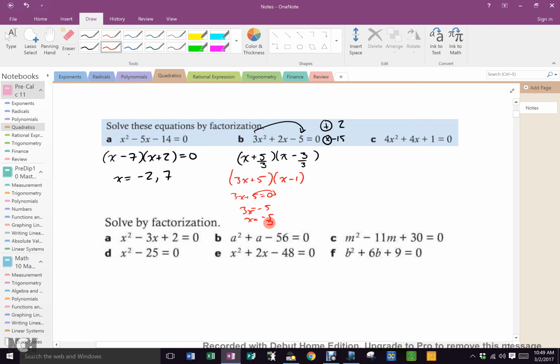Everyone agrees? Okay, but look. Did I ask you to factor this, or did I ask you to solve it? Solve it. Look at what happens if I stop right here. Negative 7, the answer was positive 7. Plus 2, the answer was negative 2. Plus 5/3. So what's the answer?